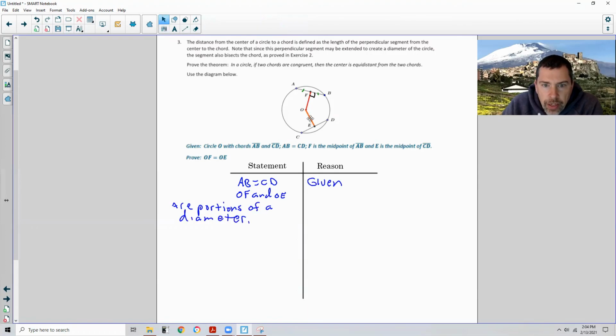Well, if I took this E and dragged it further to there and extended this over to here, then now you can see that that would be a diameter. Okay, so OF and OE are portions of a diameter because they're going from a point through the center. And if you continue both directions, you'll get to the other side of the circle and they will be diameters. Okay, and that is the definition of diameter.